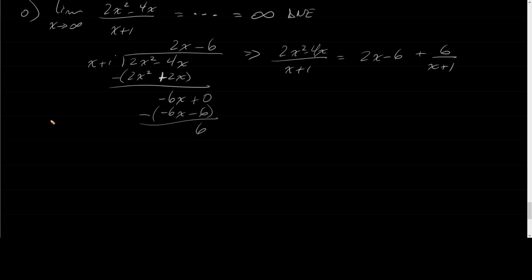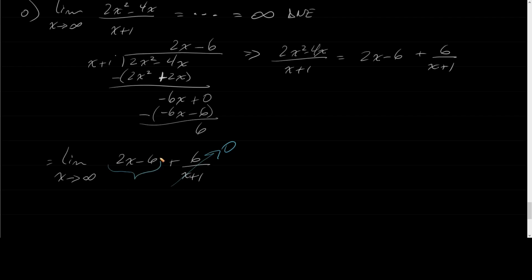So what we can say now is that this limit becomes the limit as x goes to infinity of 2x minus 6 plus 6 over x plus 1. Notice here that this goes to 0. And as x gets bigger and bigger, this little fraction matters less and less, and the overall value is being decided by this piece over here, 2x minus 6.